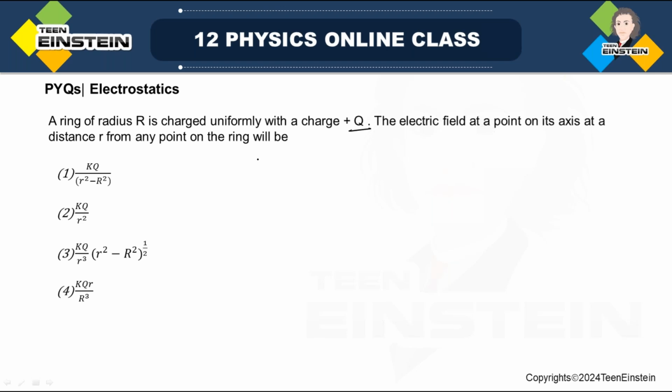Let me first of all draw this ring, and this is obviously positively charged as you see, and it is uniformly charged.